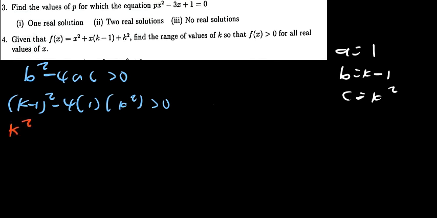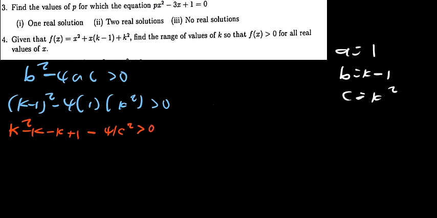Then I'll start plugging in the values. My b is k minus 1, but it is squared. My a value is 1, c is k squared, greater than 0. K minus 1 squared is k times k, k squared, k times 1, negative k, again negative k plus 1, minus 4k squared greater than 0.